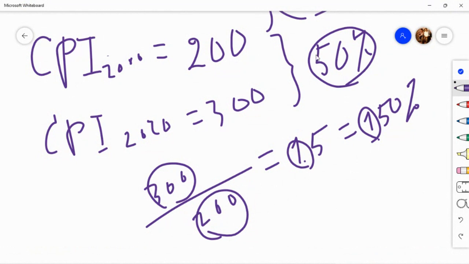So if price level has grown 1.5 times between these 2 years, then to make an adjustment to the price, you need to multiply it by 1.5. Isn't that right?